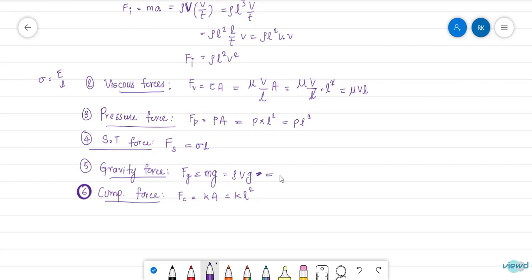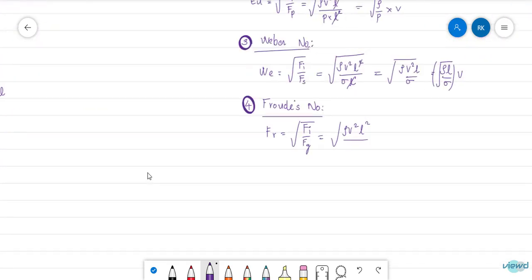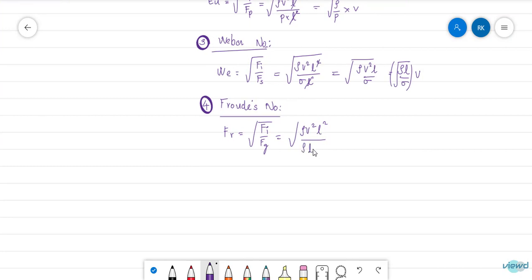Volume means L cube, so rho L cube g. Rho gets cancelled, and L square also gets cancelled. Under root of v square by Lg. So v by root Lg gives us Froude's number.